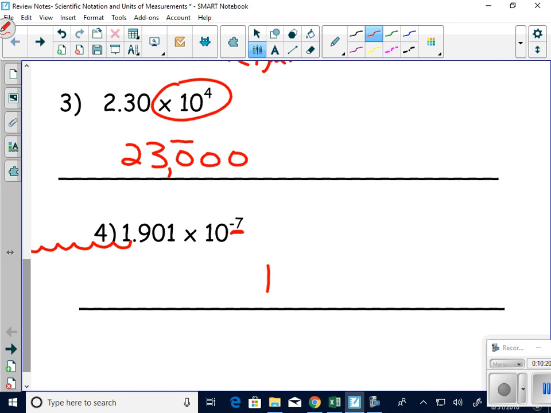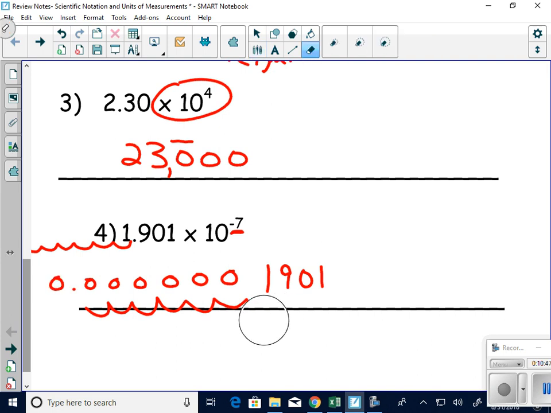So I have my 4 significant digits, and I jumped it 7, 1, 2, 3, 4, 5, 6, 7. I got to fill in that many zeros. One, two, three, four, 5, 6.